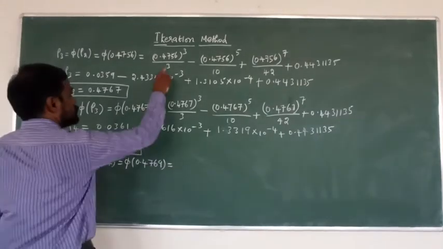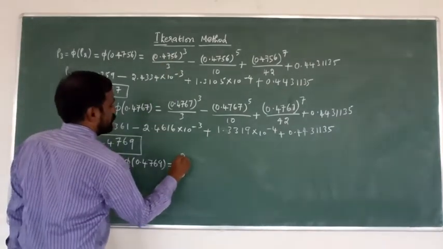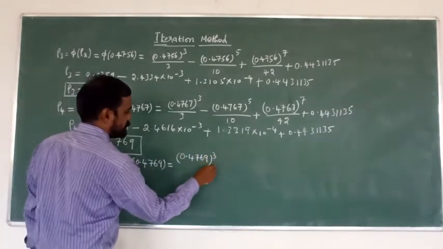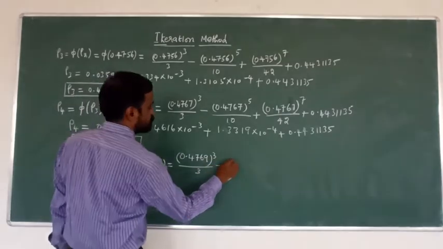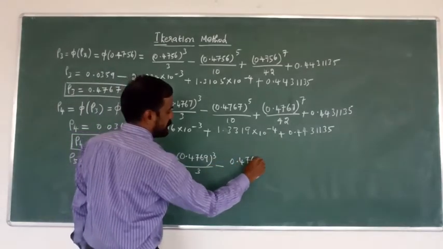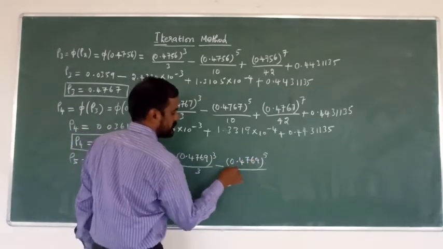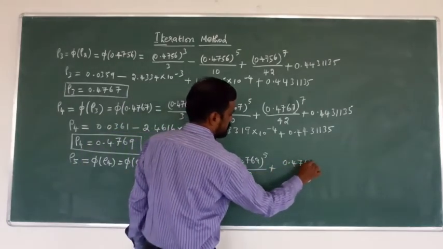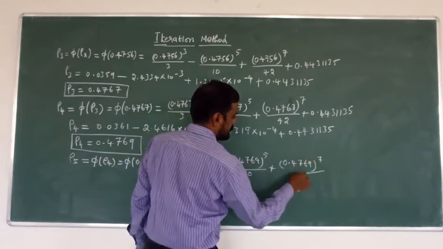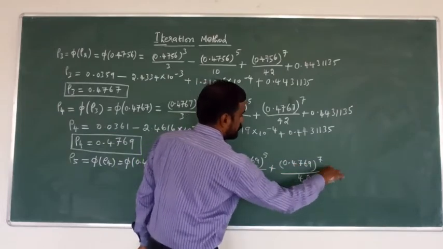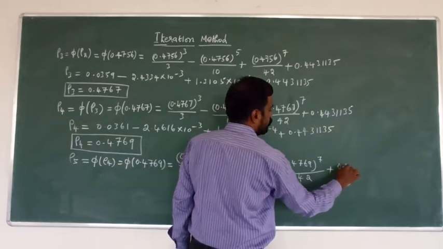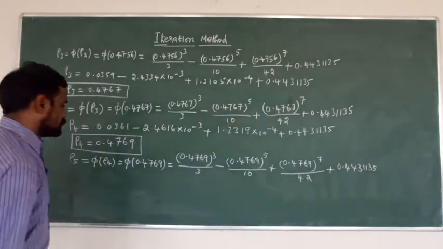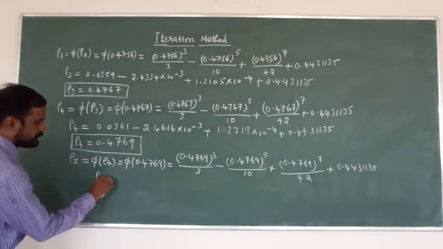Now to substitute this value, 0.4769 cube divided by 3 minus 0.4769 power 5 divided by 10 plus 0.4769 power 7 divided by 42 plus 0.443135.